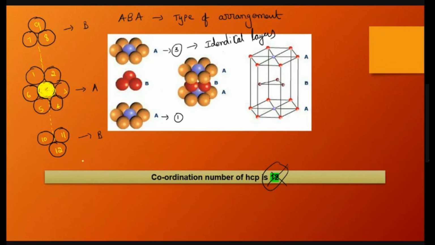Hence the coordination number for this close packing is 12. Why? Because each atom is going to touch 12 other neighboring atoms. That's why it is called the coordination number is 12.